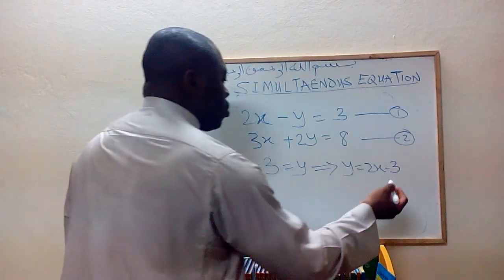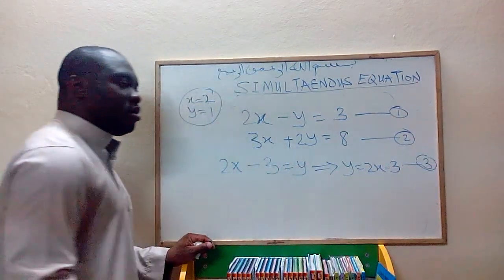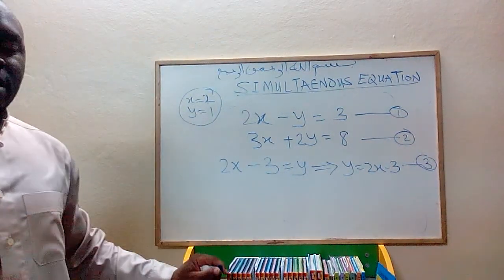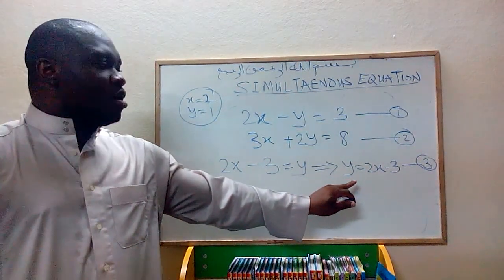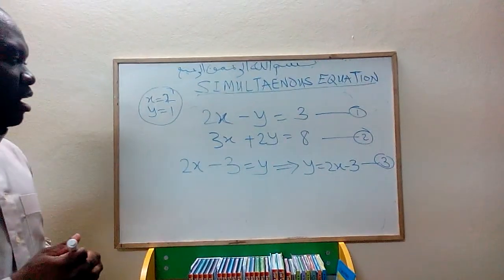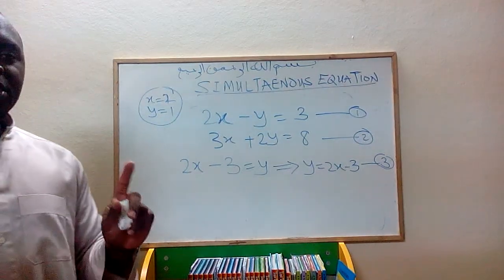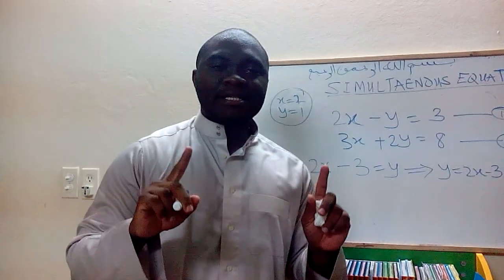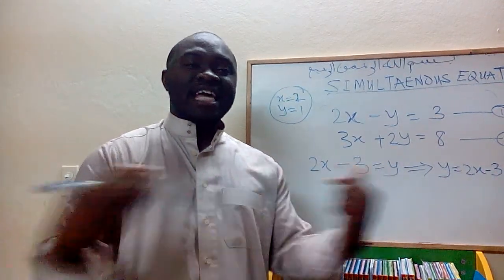You can call this another equation, though in actual fact it's not really a different equation. Now we have made y a subject, and we have called it equation 3. We now make this subject and put it into the second equation. Now we have to understand what is the motive. The motive in this approach is that we want to reduce it to a linear equation.